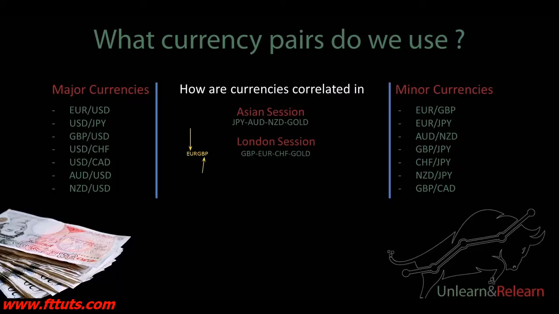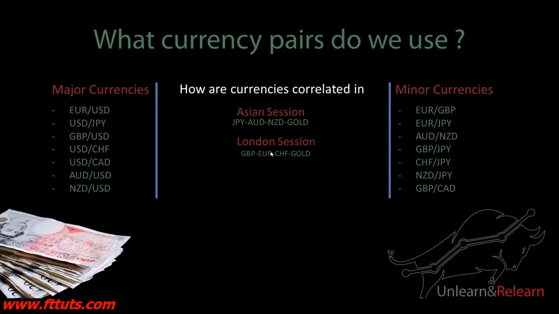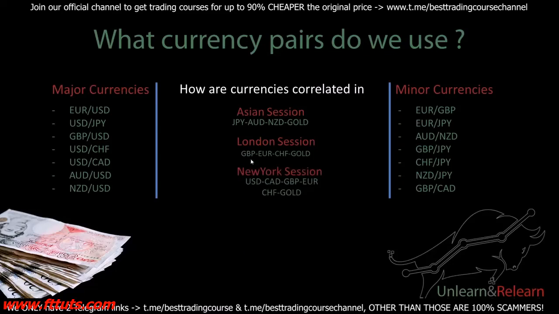So for someone like myself, if I was a new trader and I chose the London session to trade, I would focus on maybe GBP USD, GBP JPY, Euro JPY, or Euro USD. I would want to choose a pair which is only influenced by just one currency. It just makes sense in that aspect. Now when we move along to the New York session, you have an entire stable of currencies that are open.